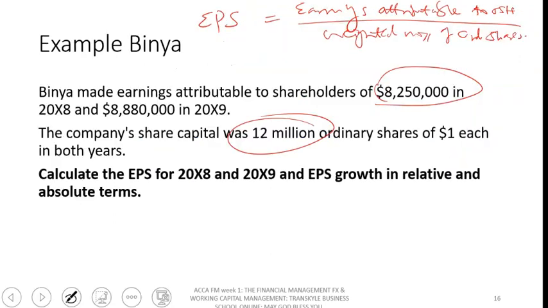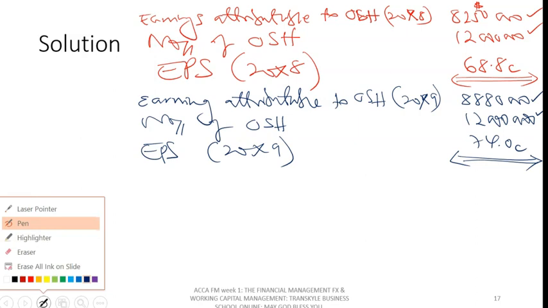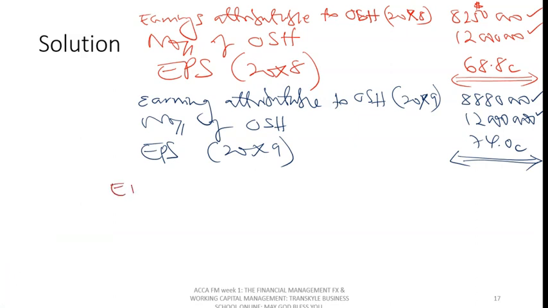Now to answer our question, we did calculate these ones. Then let us now determine the relative as well as absolute growth in EPS. So, EPS growth in absolute terms.